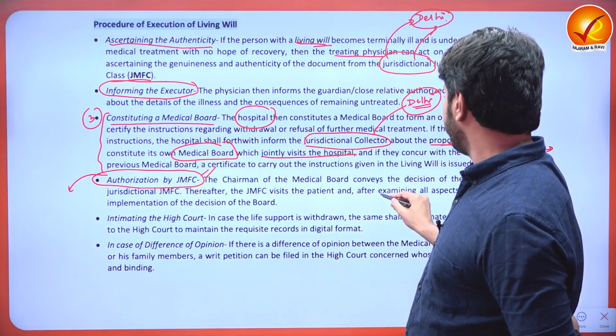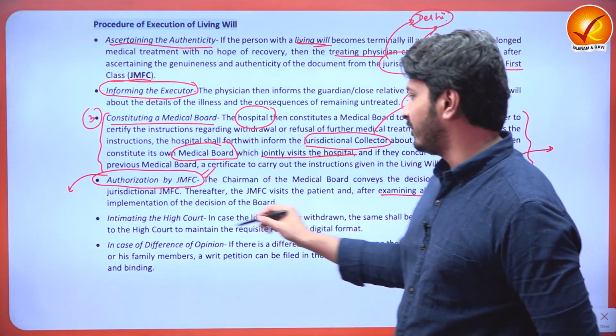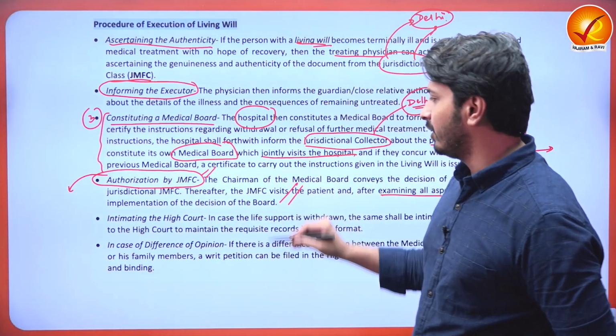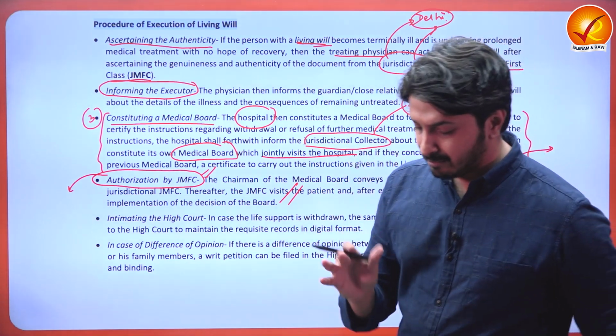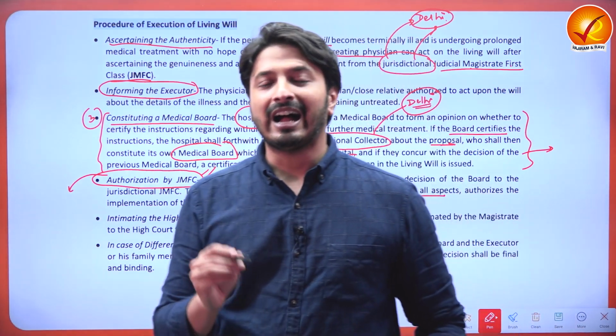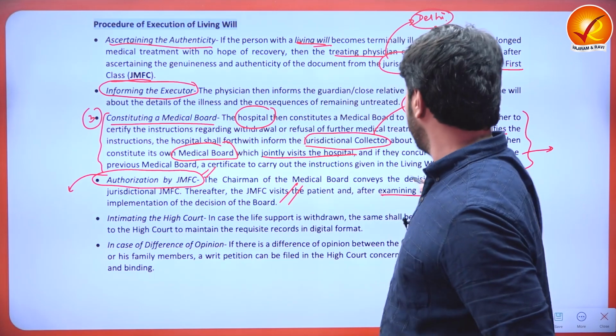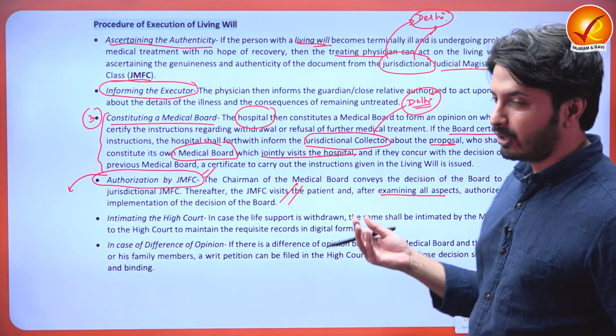And ultimately, after examining all the aspects, the JMFC will authorize the implementation of the decision of the board. In the same case, the judicial magistrate of the first class also informs the High Court of that particular jurisdiction about this case, as soon as the board has authorized the execution of the living will.